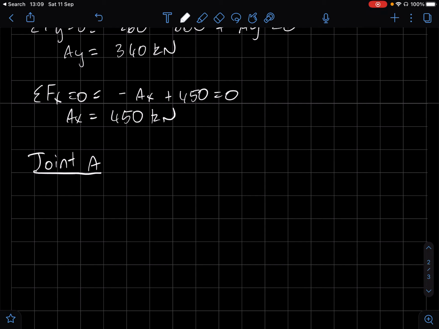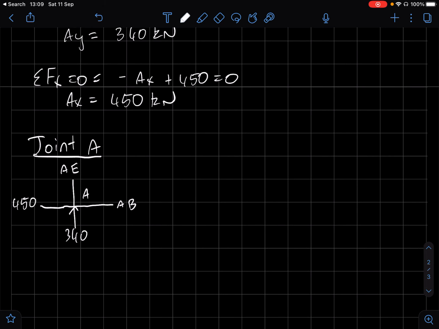Joint A, so that will look something like this. So we know the 340 kilonewtons going up and the 450, our support reactions. So that's joint A, this would be member AE, and this would be member AB, right? So if we sum the forces in the X, we have AB.